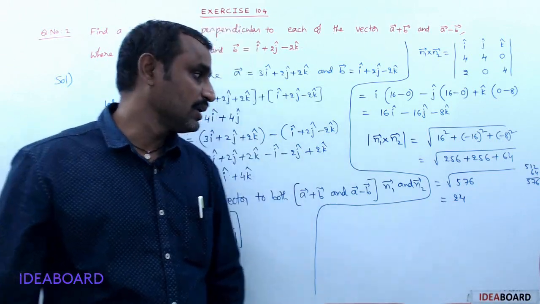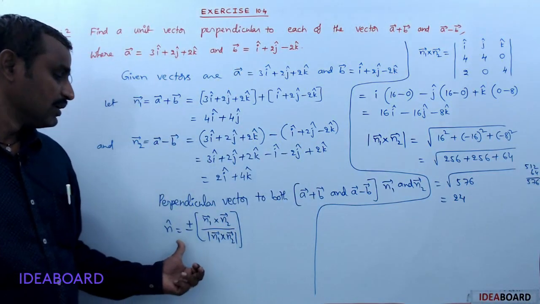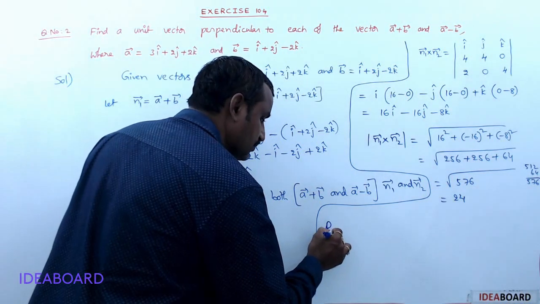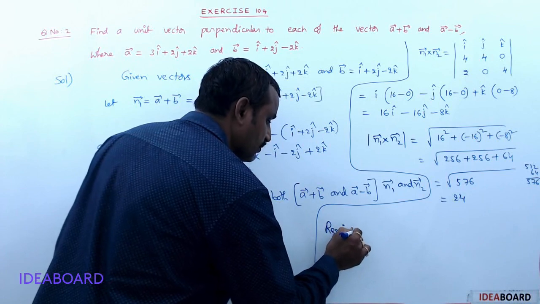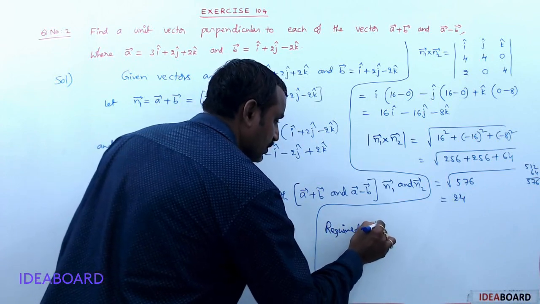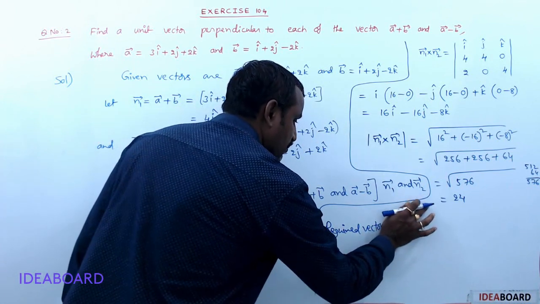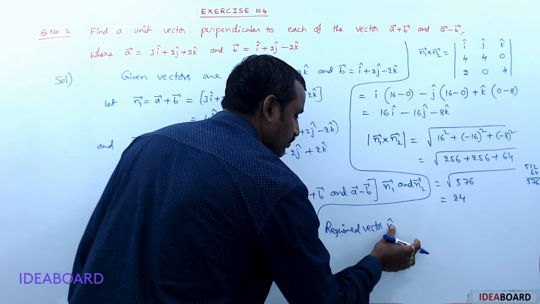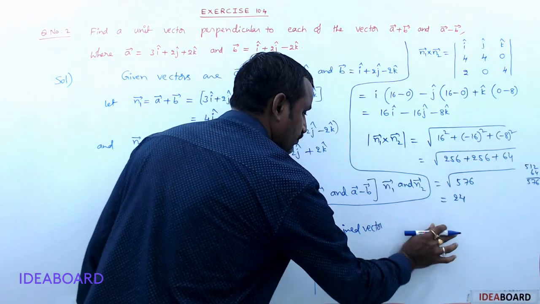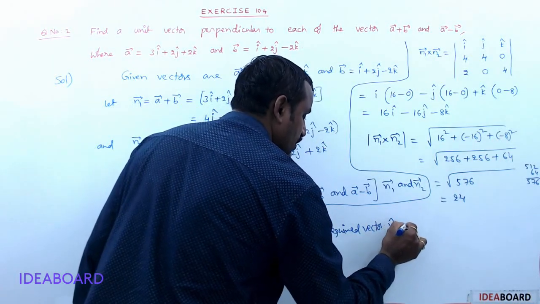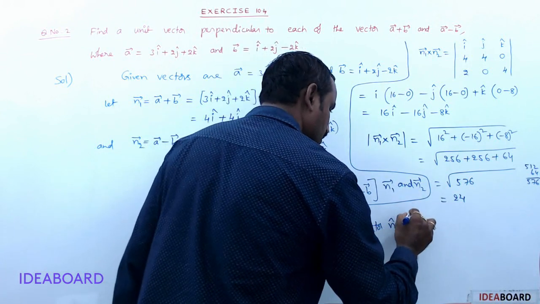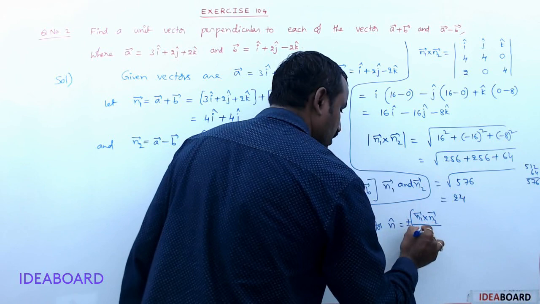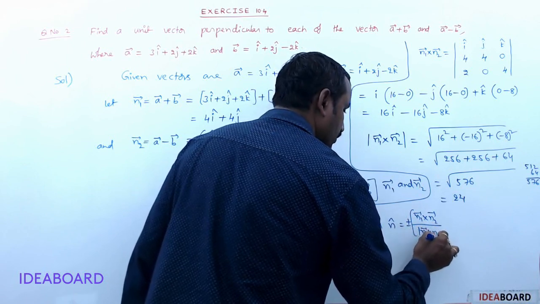Now we need to calculate the n cap vector. The required vector n cap is equal to plus or minus n1 bar cross n2 bar by the magnitude of n1 bar cross n2 bar.